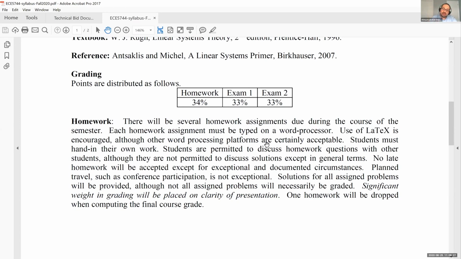The exams, one is going to be approximately in the middle of the semester, and the other one is at the time of the final exam. Exam 2 is not going to be a cumulative final, meaning that each exam will cover the lectures that precede it. I'll try to divide the course into 2 parts. Exam 1 will cover the first part, and exam 2 will cover the second part of the course.